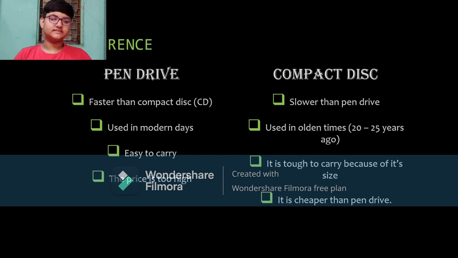Another thing is that the pen drive is used in modern days, and the CD was used in olden times, around 20 to 25 years ago. Now you may ask how 20 to 25 years becomes olden times. But I want to tell you that with any kind of electronics nowadays, the companies work too fast.